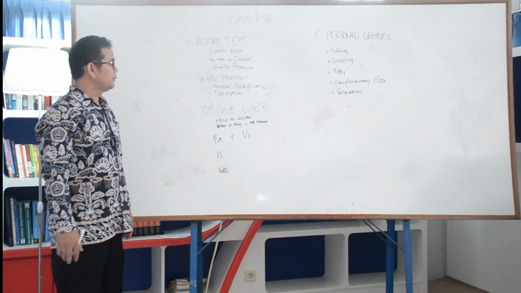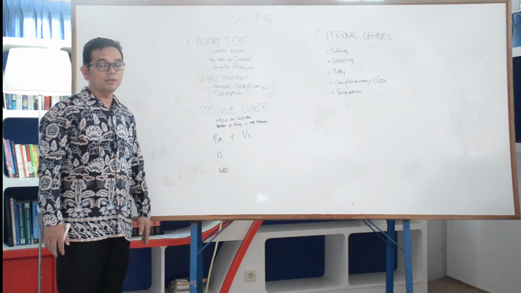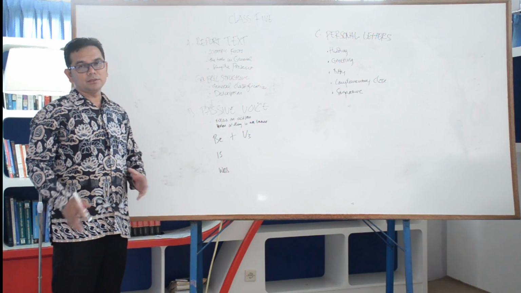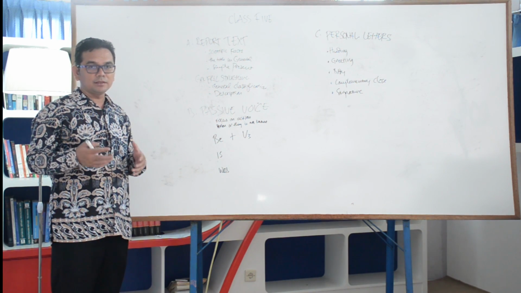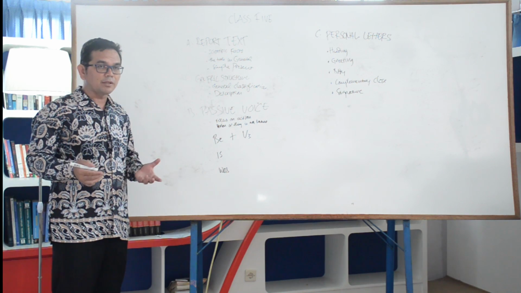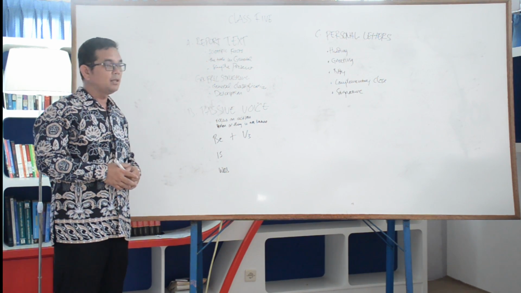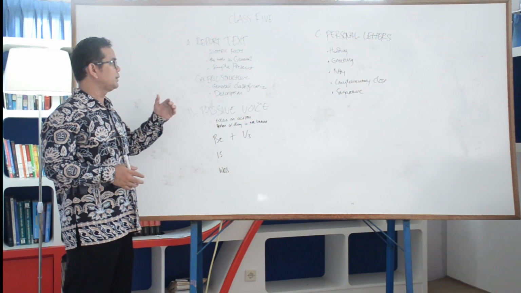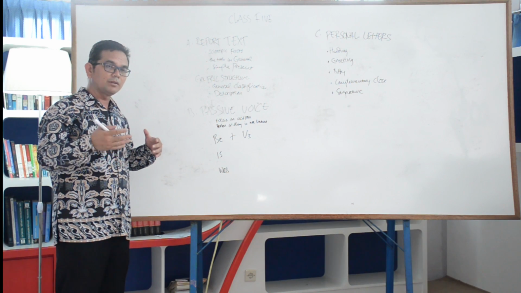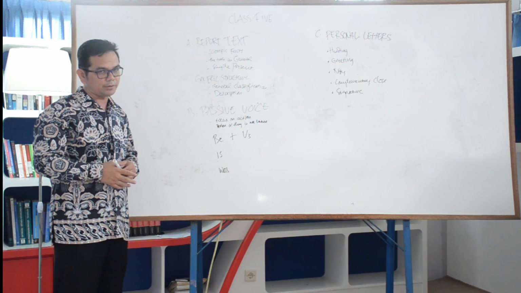Okay? First, I'd like to give you a brief explanation about the report text. The report text is a kind of descriptive text. You describe something, you explain something. But in report text, it could be a report or a description about animals, flowers, or scientific facts.